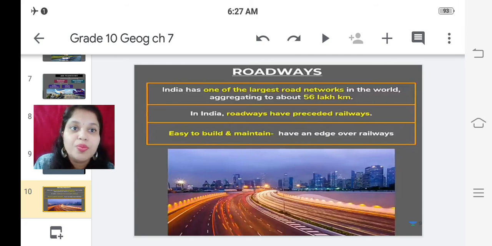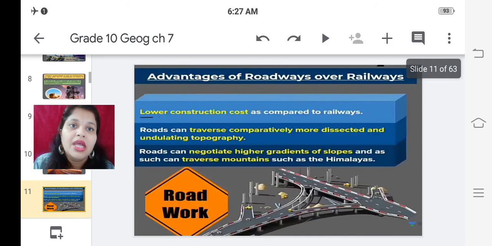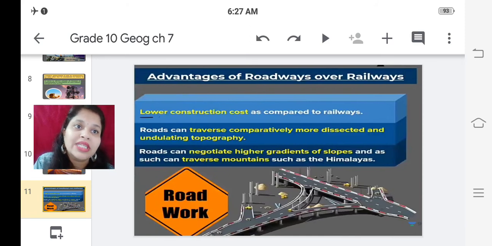First, easy to build and maintain and have an edge over railways. Road construction is cheaper than railway construction, right? And they are very easy to maintain. Okay, lower construction cost as compared to railways. As I said, it is cheaper. It takes lower construction cost. Very little has to be spent on the construction of roads.